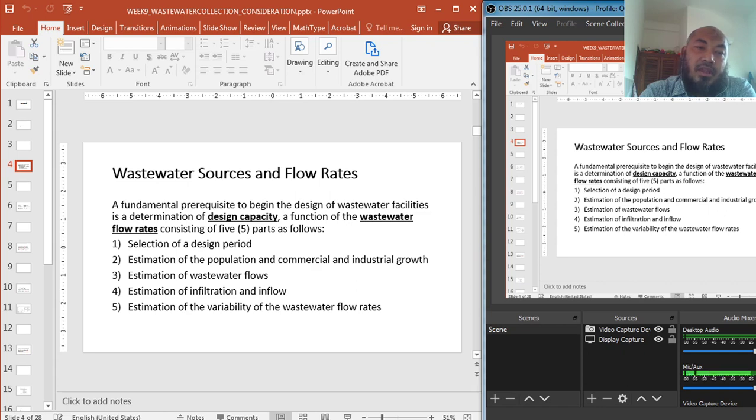In simple words, the design capacity is a number of cubic meters within how many days, the target time you allow in order to treat the wastewater.